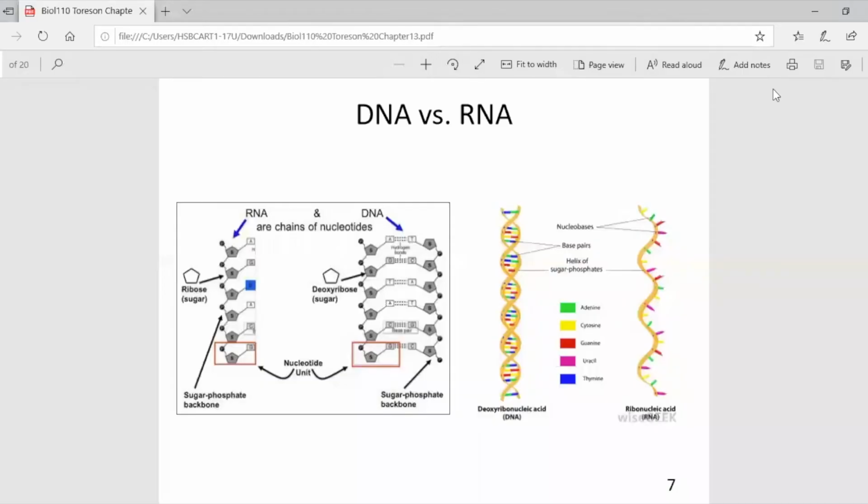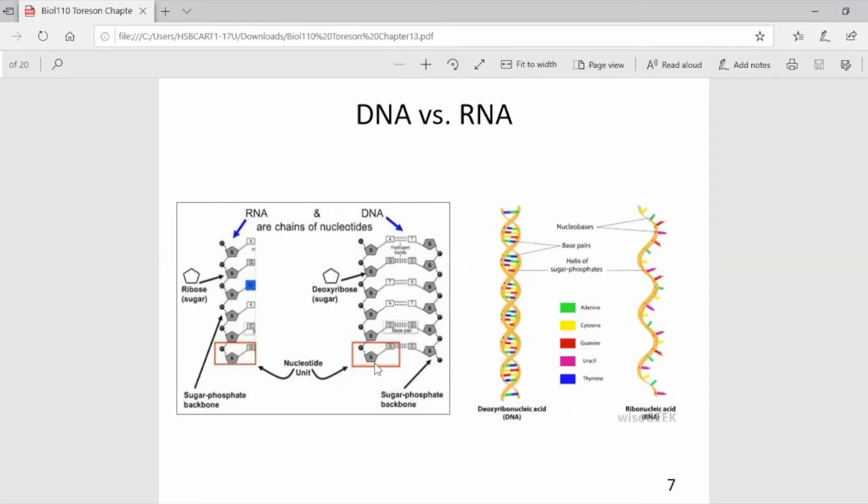Slide 7 shows you a comparison of DNA and RNA. DNA and RNA are very similar to one another. They are both nucleic acids, which are polymers of nucleotides. And again, nucleotides have the phosphate group, the 5-carbon sugar, and the nitrogenous base.